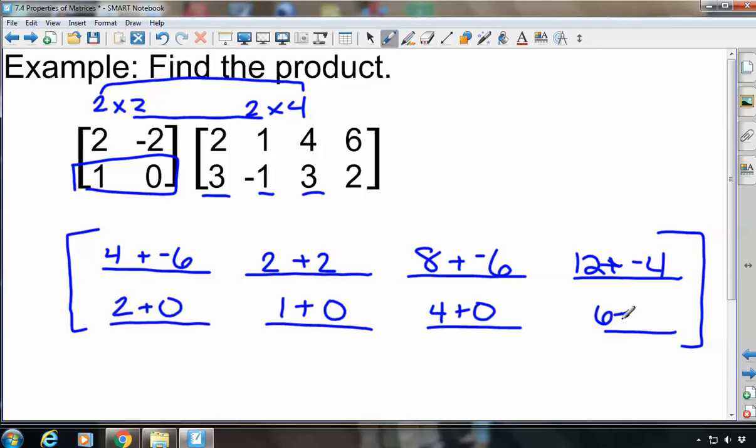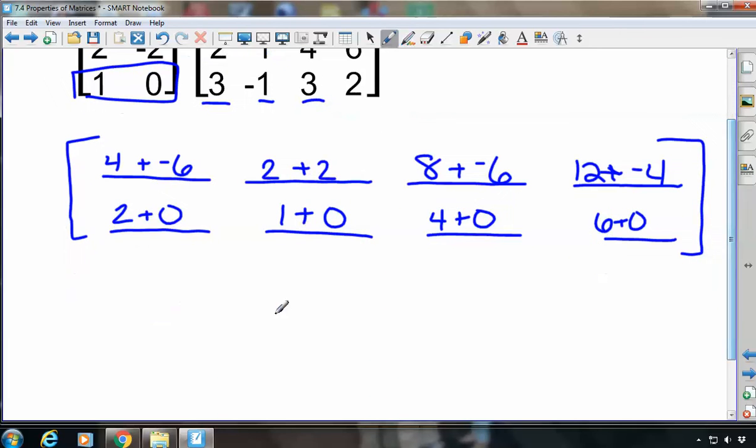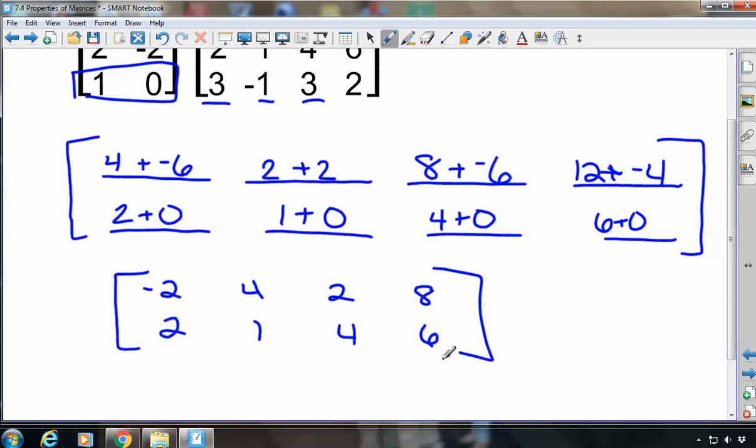And row 2, column 4, you get 6 and 0. So the final answer would be negative 2, 4, 2, 8, and so on. Is that okay?